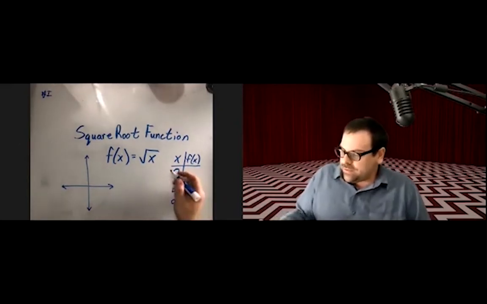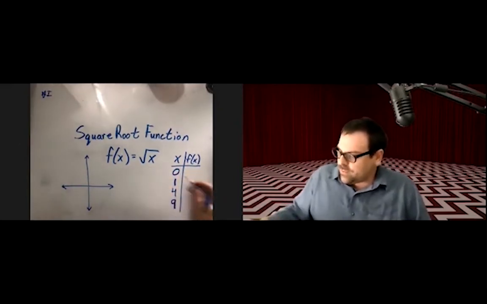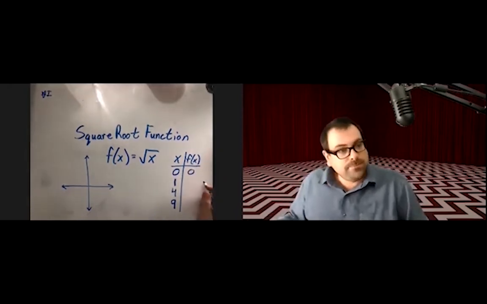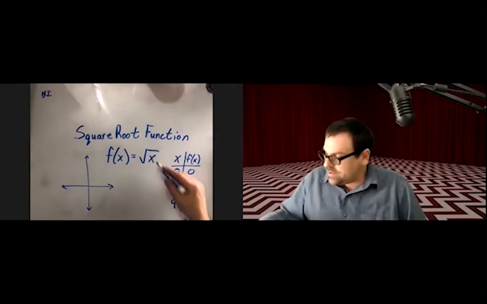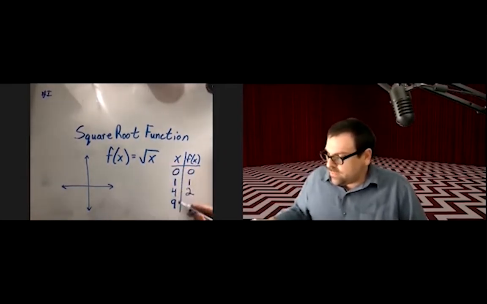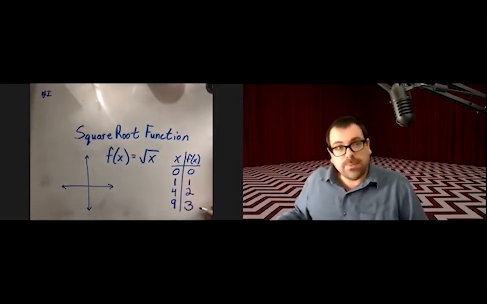F of 0 would be the square root of 0. That's 0. The square root of 1 is 1. The square root of 4 is 2. The square root of 9 is 3.